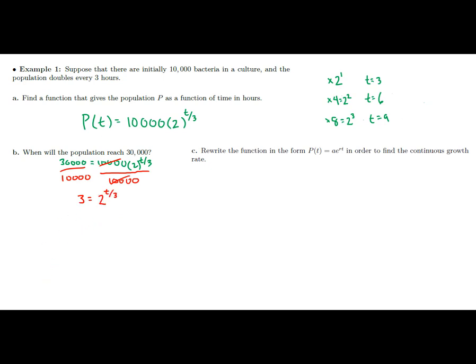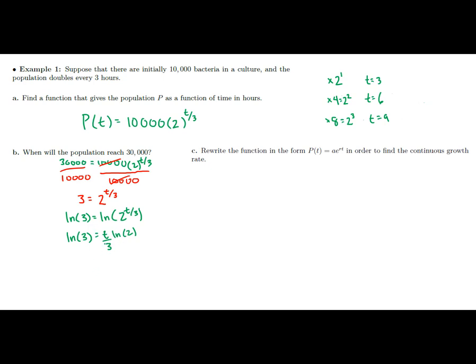And then we know that to get that t, we're trying to solve for how much time has gone by. We've got to take the natural log of both sides so that I can use the power rule to get the t out of the exponent. So the natural log of 3 is equal to the natural log of 2 to the t over 3. So the natural log of 3 is t over 3 times the natural log of 2, bringing that exponent down.